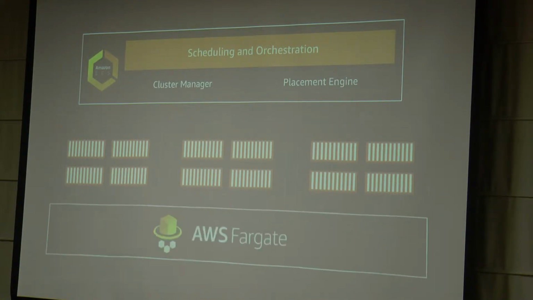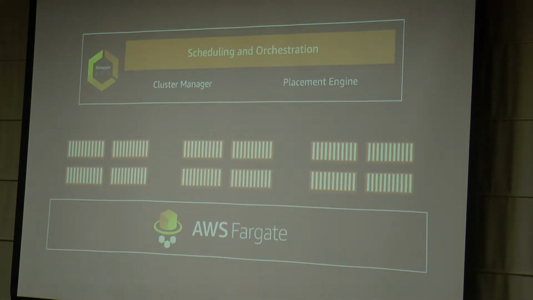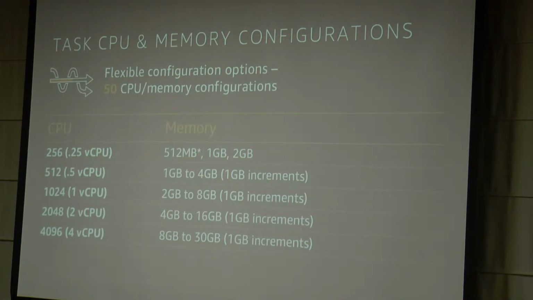So we went from this to this. The EC2 part is just gone away completely. So you just take your tasks and you run them on the Fargate managed infrastructure. And that's it. So it's simpler than ever. The only thing you have to pick is the configuration.